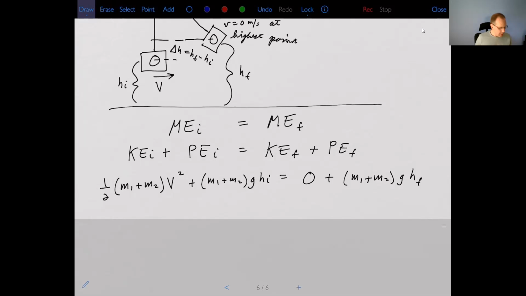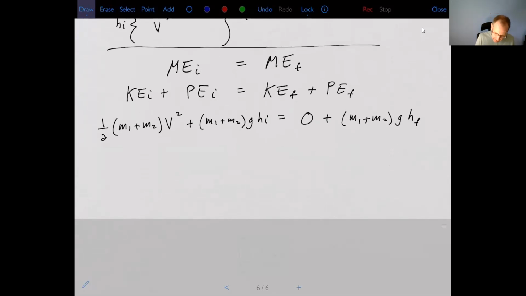Okay, so now I want to solve this for capital V. First, I could divide everything by m1 plus m2, so these basically cancel. Then I can multiply everything by 2. I'll do that carefully. So 2 times 1/2 v squared plus 2 times gh initial equals 2 times gh final.